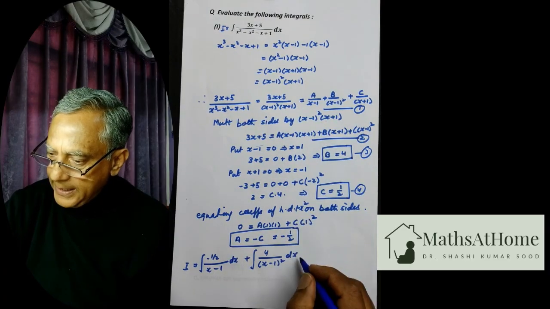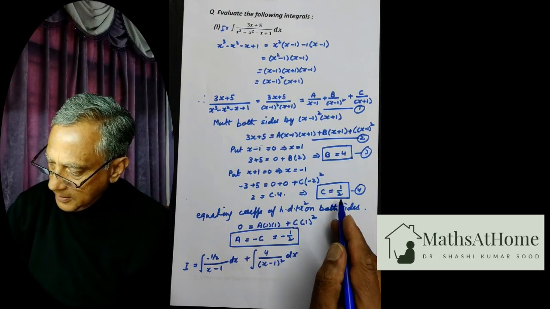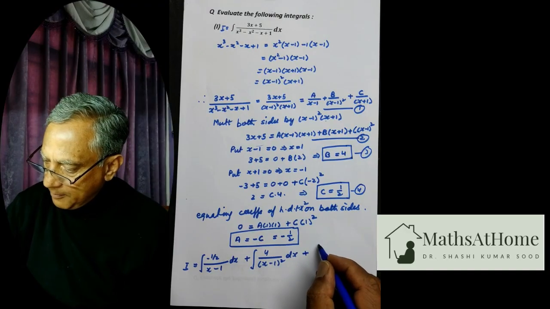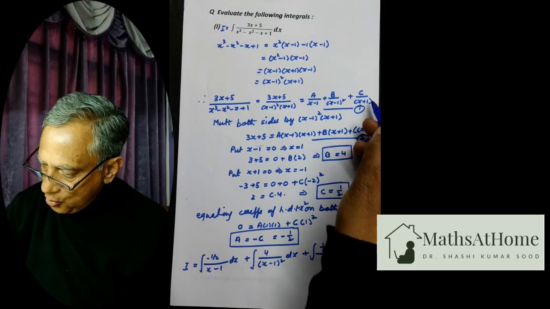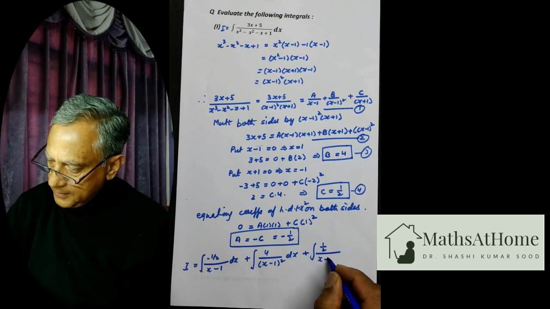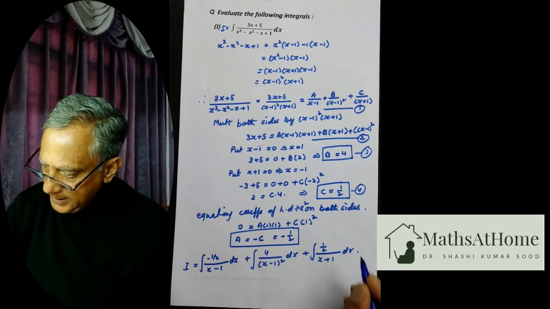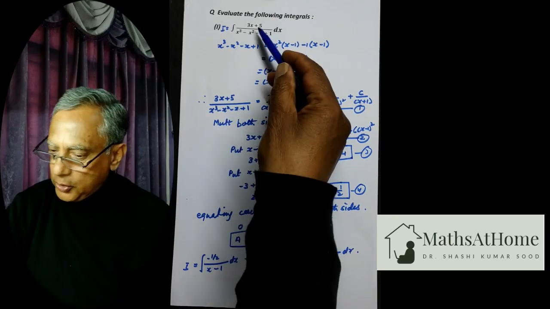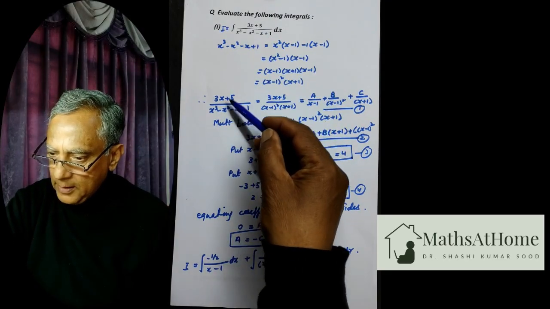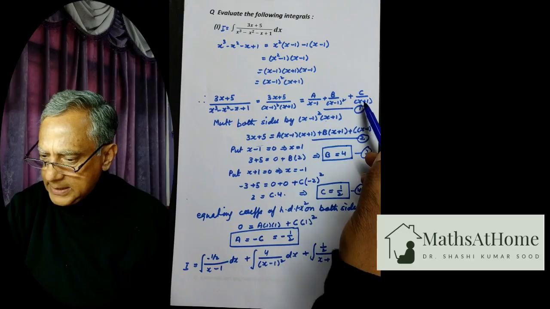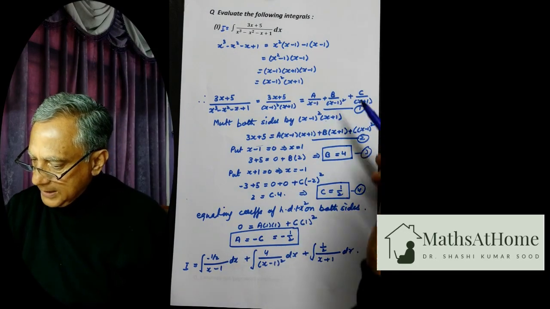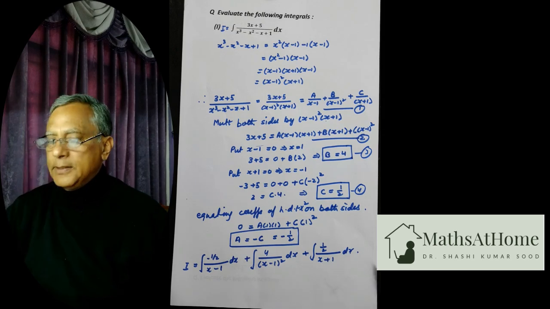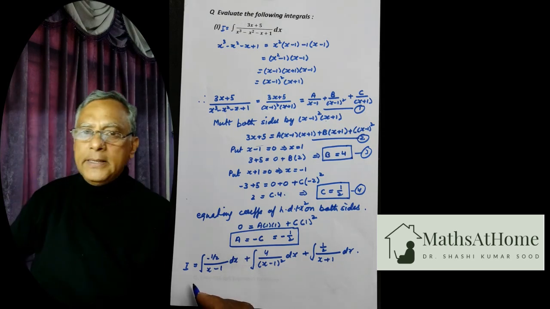I am separating these terms. And c is half. Plus integral 1 by 2 over x plus 1 dx. A is this much, b is this much, c is this much, and we are separating the terms.